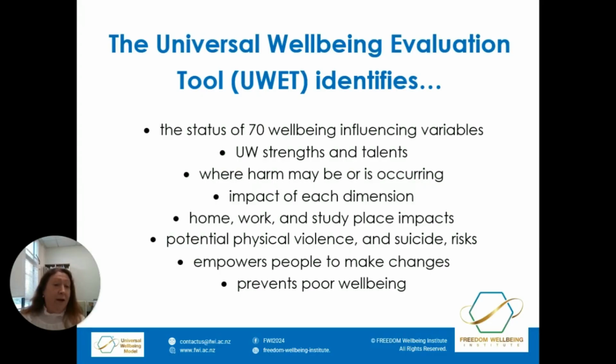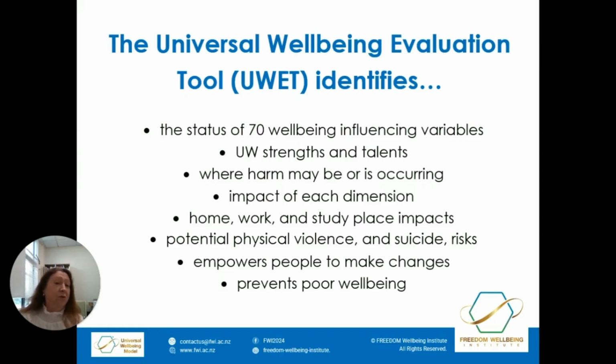The evaluation can also identify the impacts of home, work and or study place, so we can find out if those particular parts of our lives are supporting our universal wellbeing or potentially causing harm to us. The evaluation can also identify risks such as potential physical violence and suicidal ideation.